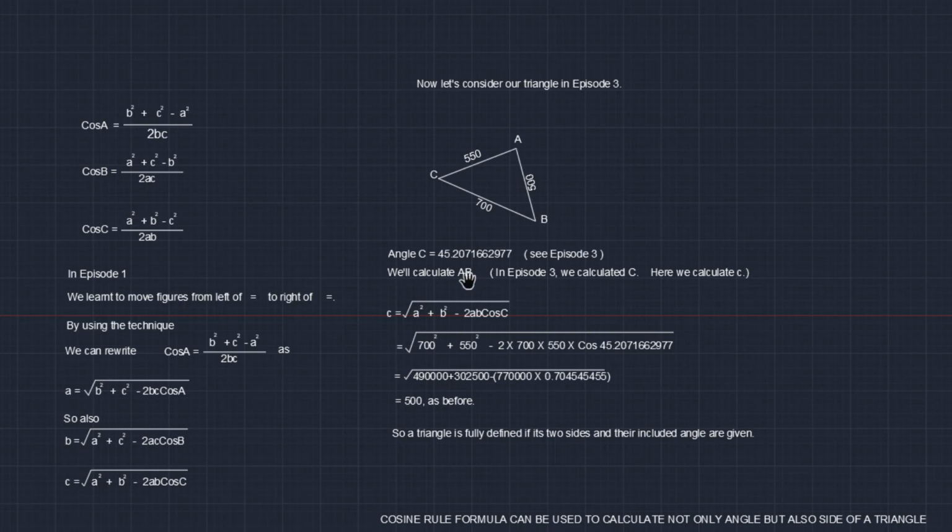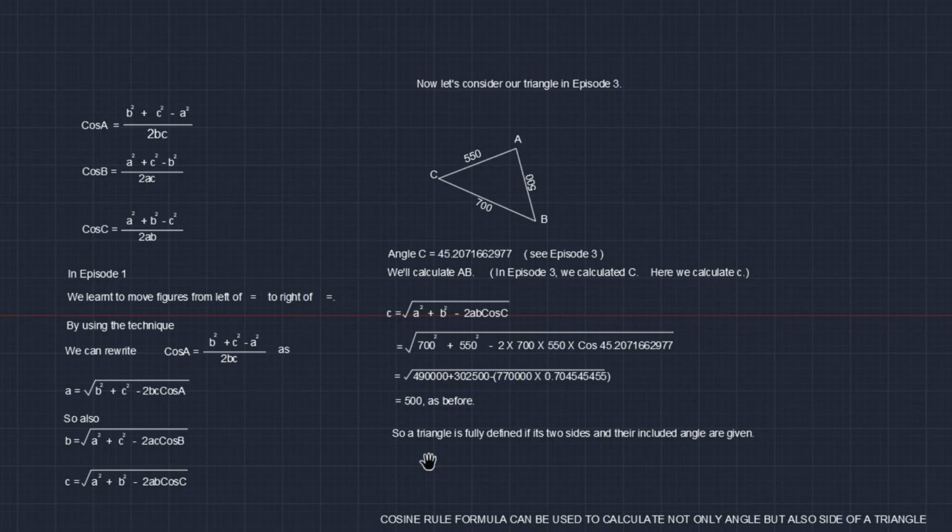So, cosine rule is used for calculating an angle or for calculating a side. This cosine rule is very important in surveying, and we will come across so many times the problem of solving sides or angles.